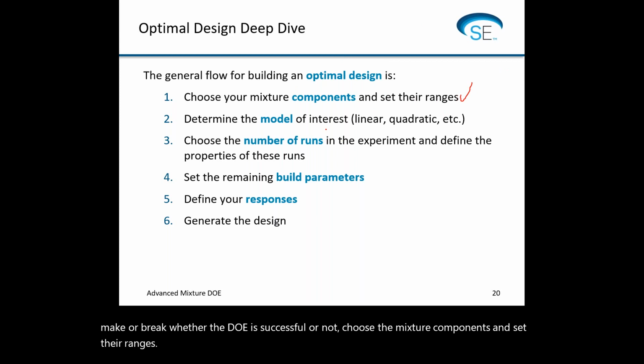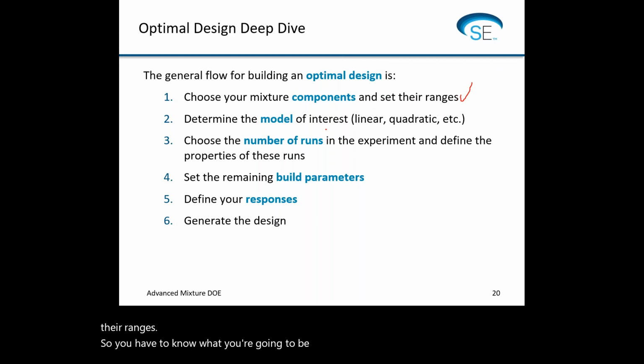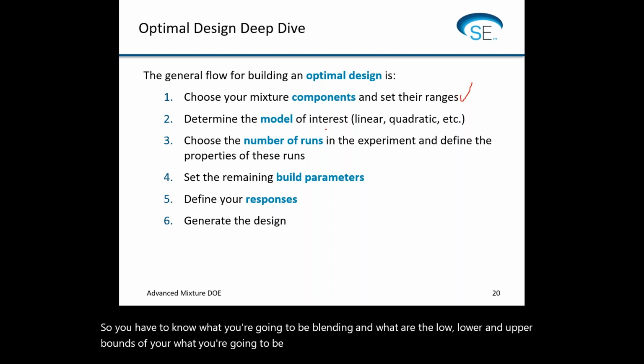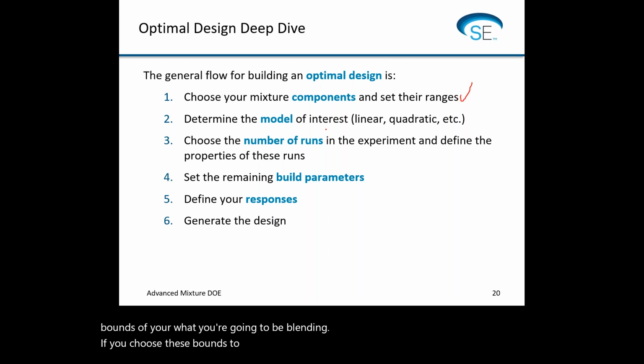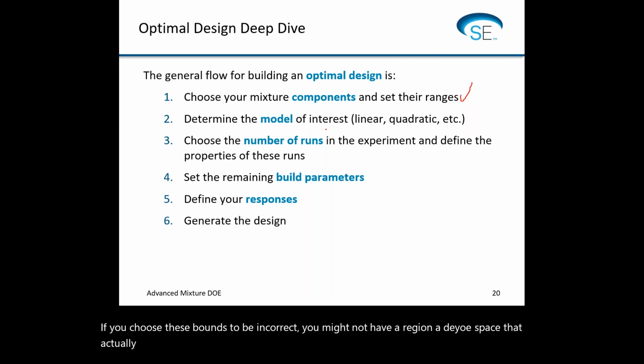So you have to know what you're going to be blending and what the lower and upper bounds are. If you choose these bounds incorrectly, you might not have a DOE space that actually encapsulates the optimum that you're looking for.